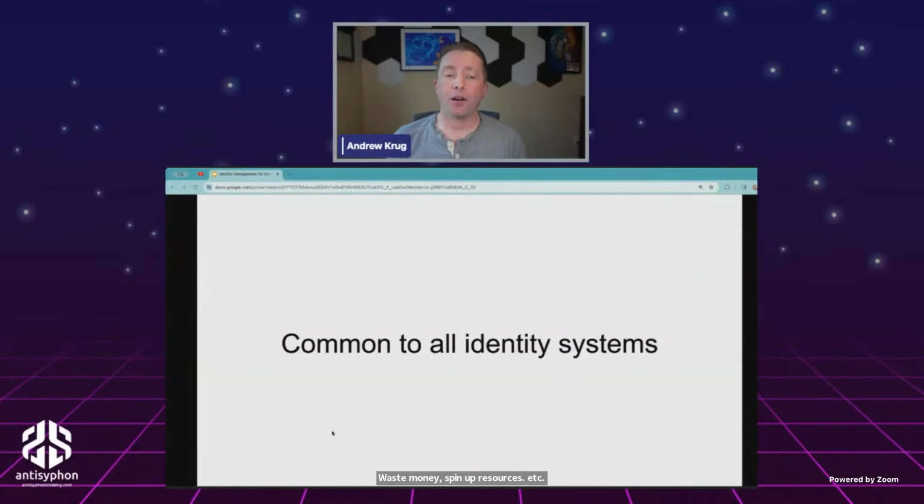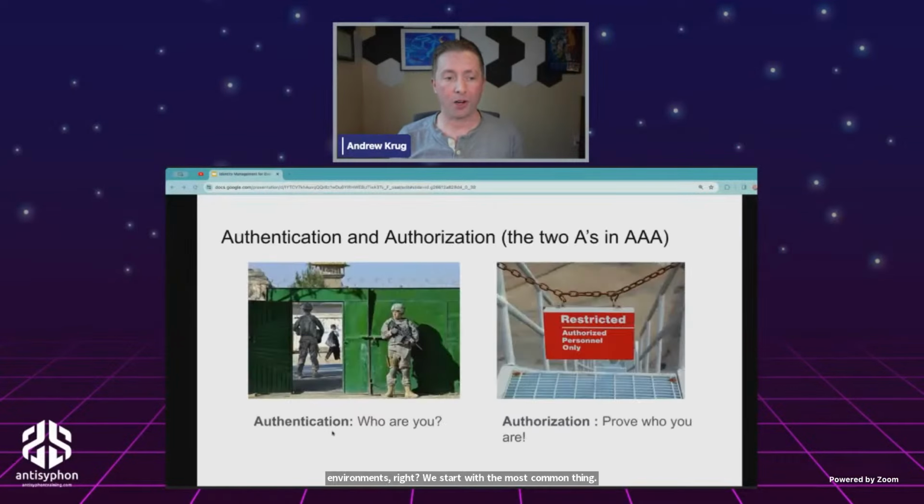So the things that are common to all of these cloud environments, right? We start with the most common things. So you may have heard the term AAA before when we talk about old school identity and access management. So if you worked in Cisco land or with Radius servers, we talked about authentication, authorization, and accounting.